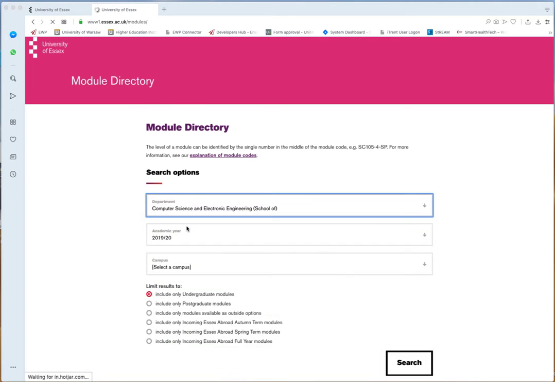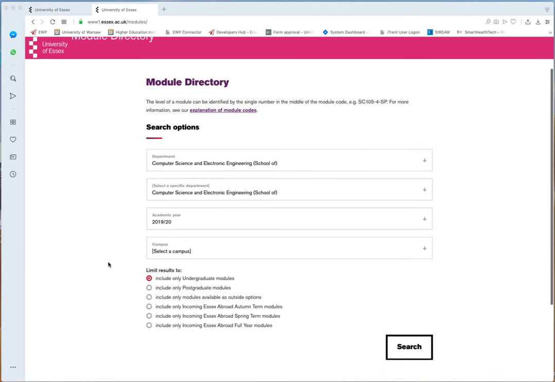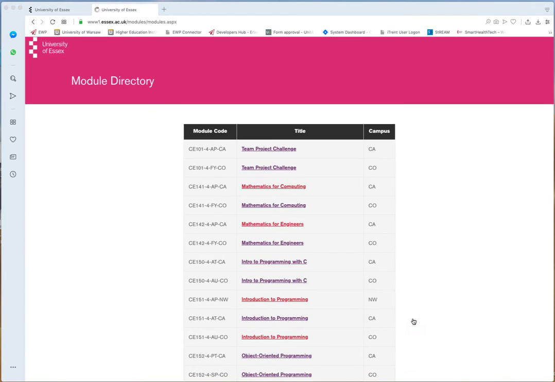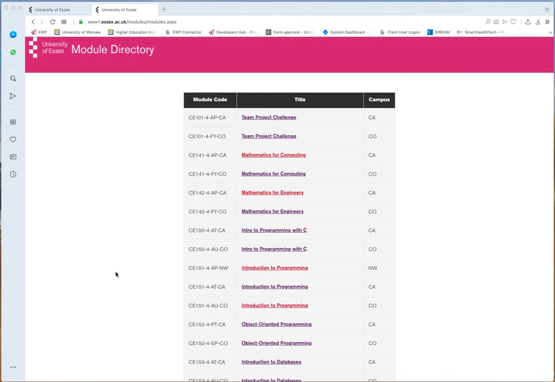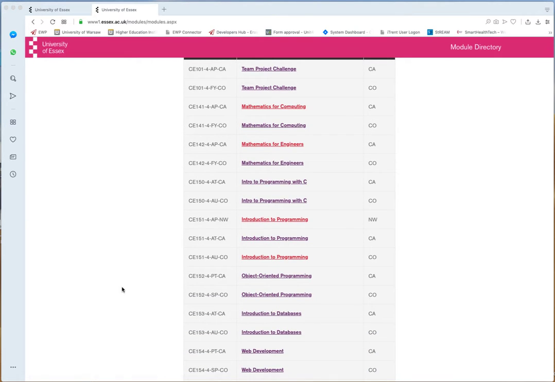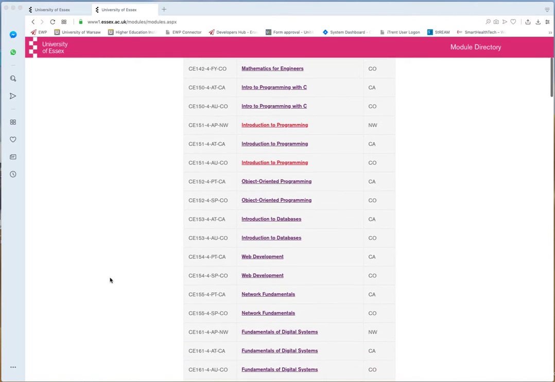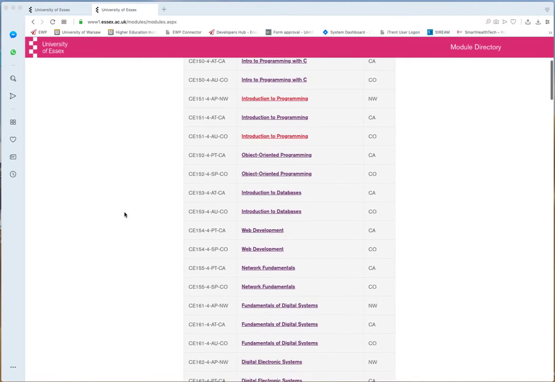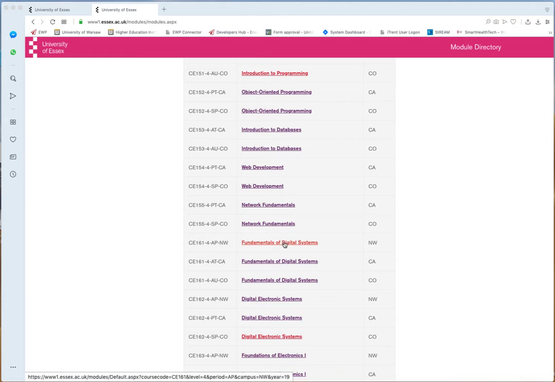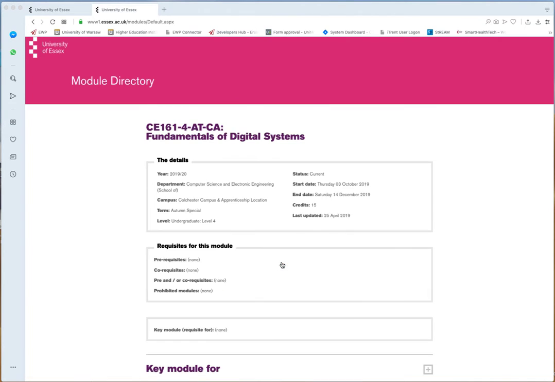So if I pick the School of Computer Science Electronic Engineering and look for undergraduate modules and search, then I get a list of all the modules that are in my school, and I can see all these different modules here.